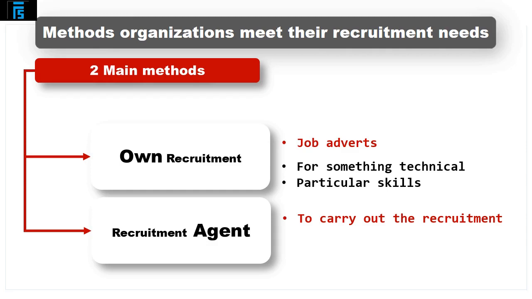So if you want to go down this route, it's usually because there are particular skills or particular people that you want to try and recruit, and you feel that your organisation would understand them better than an outside organisation like a recruitment agent.